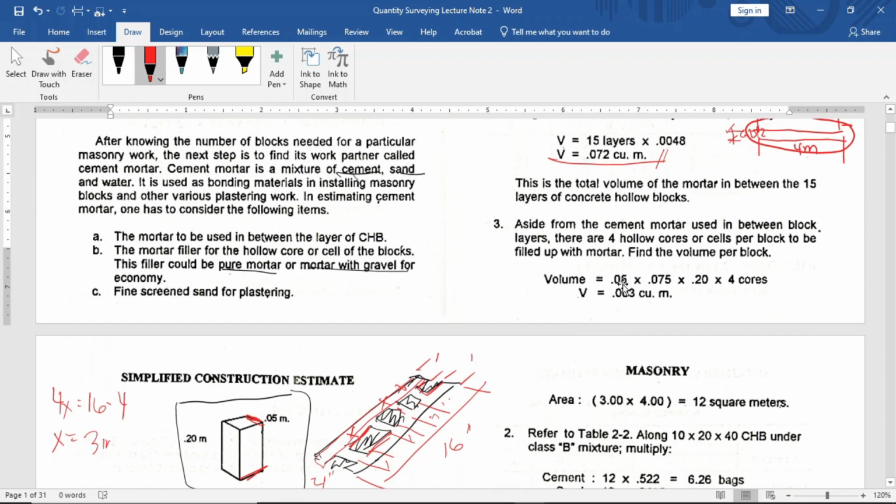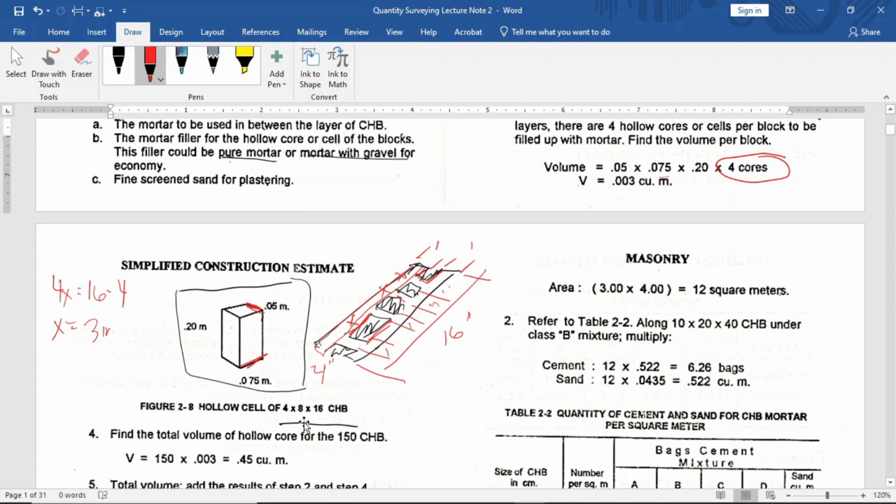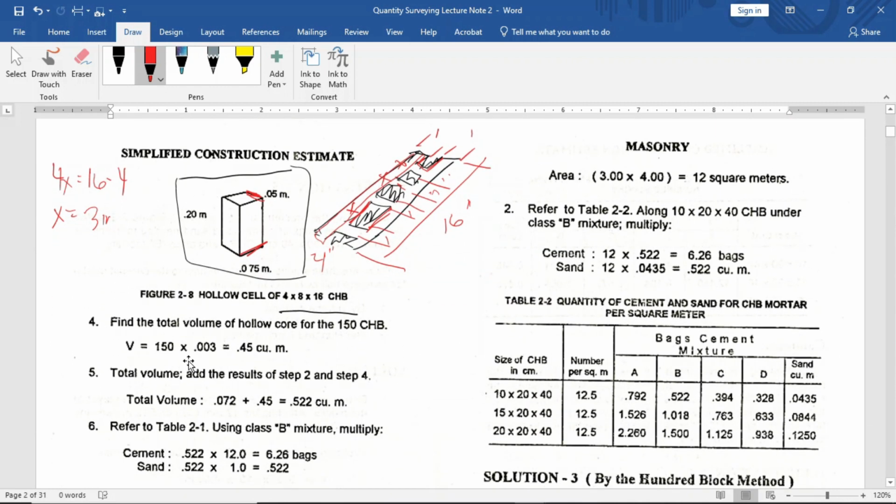So, ang volume ng empty ng 4 hollow cores is equal to 0.5 thickness times 0.75 length times 0.2 height times the number of cores. There are 4 cores in one hollow block. So, volume is 0.03 cubic meter para sa 4 inches by 8 inches by 16 inches CHB.